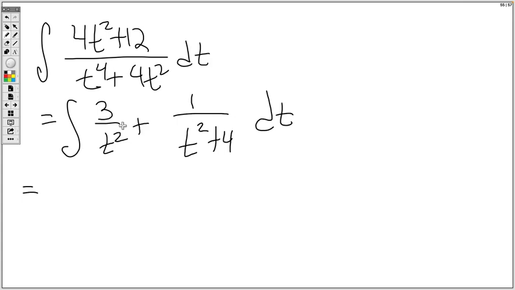That's your power rule. How's the first term integrate? What's that integrate out to be? Yeah. Negative 3t to the minus 1, so negative 3 over t. And what about this next one? What's that?